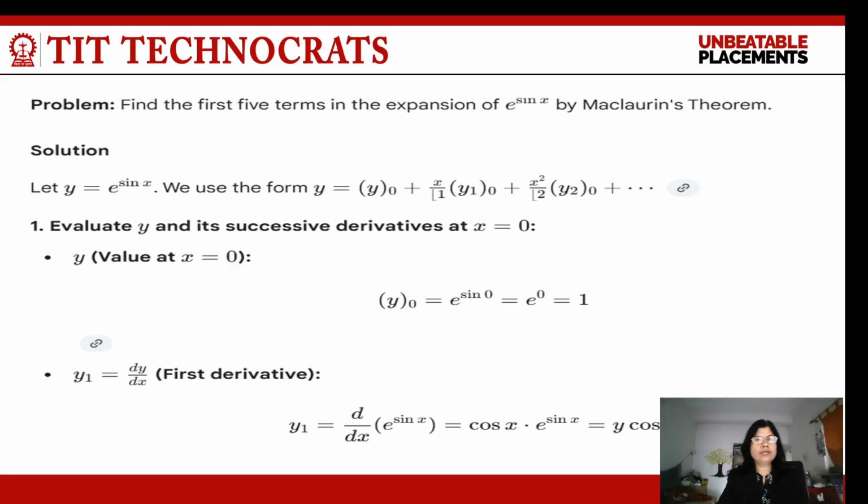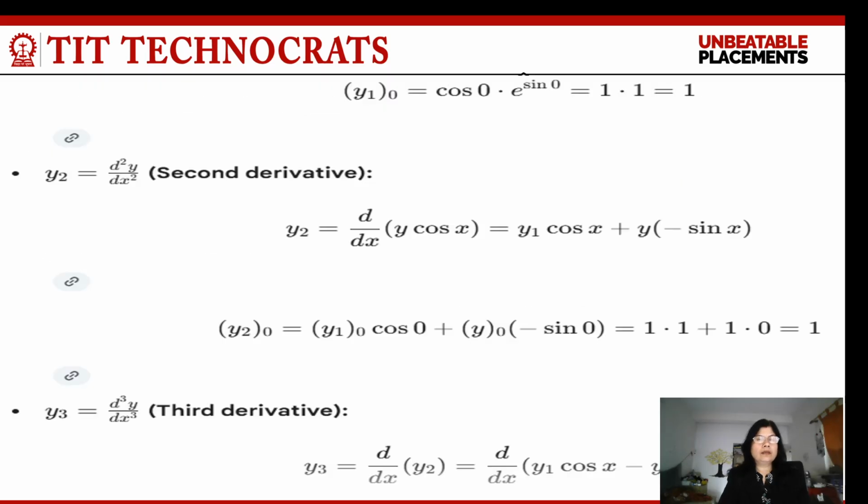Now differentiate the given function y is equal to e to the power sin x. So by differentiation we get cos x into e to the power sin x, that is y1 is equal to y cos x. Here we put e to the power sin x is equal to y. Again differentiate, that is d2y by dx square is equal to dy by dx, y into cos x.